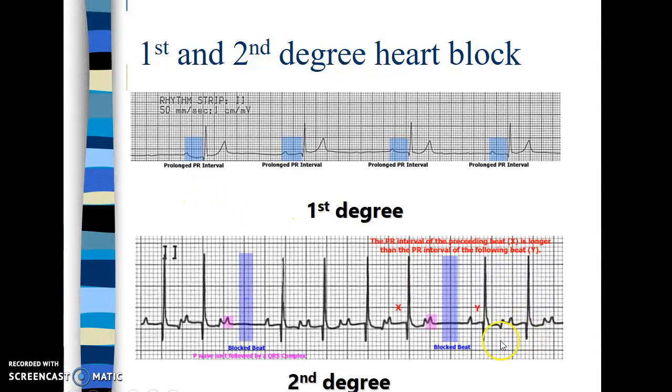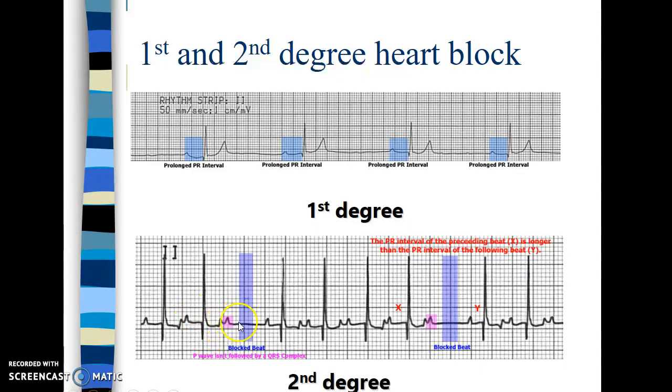In second degree heart block, we have a P wave but no QRS wave. In this tracing, we're seeing some normal rhythm here. We're seeing a P with a QRS and a T wave, and here's another P wave, QRS, T wave.